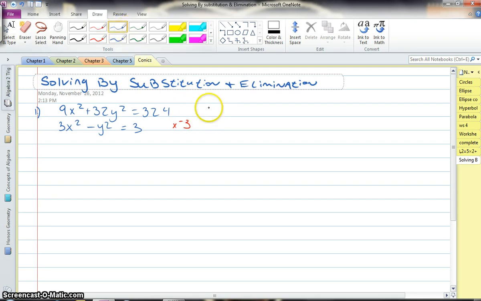So I'm going to keep the top one the same: 9x squared plus 32y squared equals 324. And on the bottom, I'm going to multiply everything by negative 3 to get negative 9x squared plus 3y squared equals negative 9. Again, all it is is elimination, just like we did in the past.